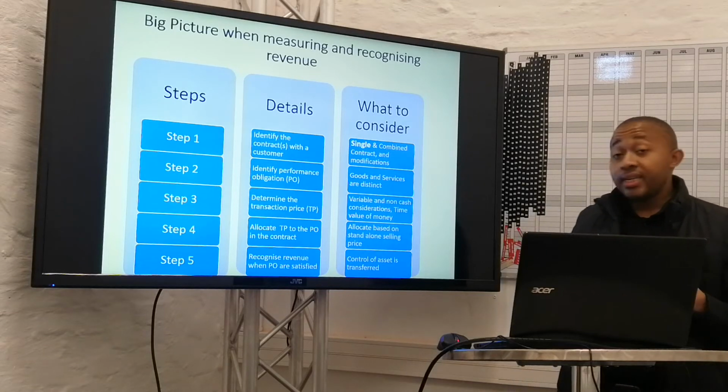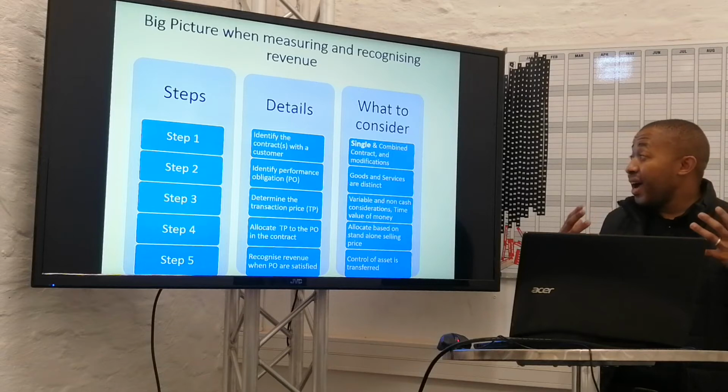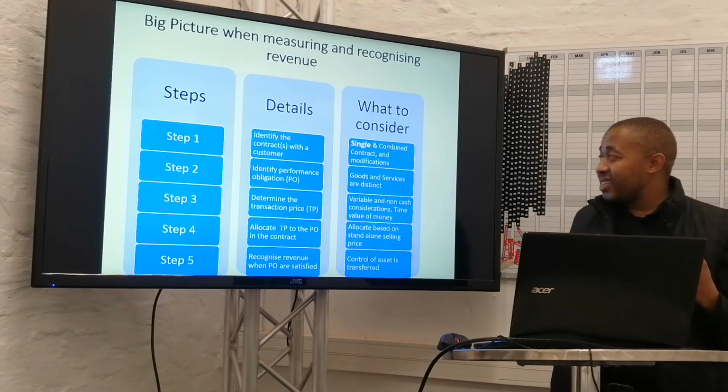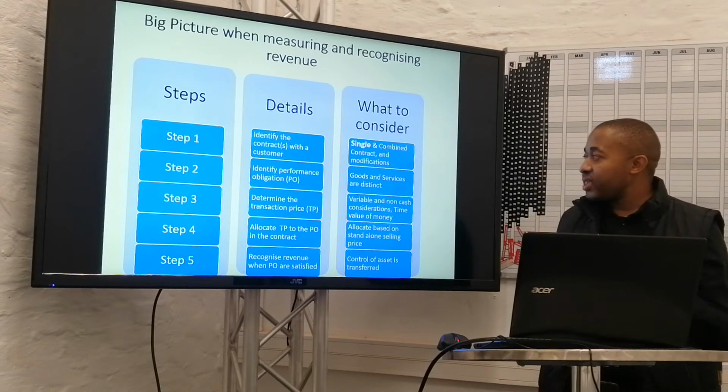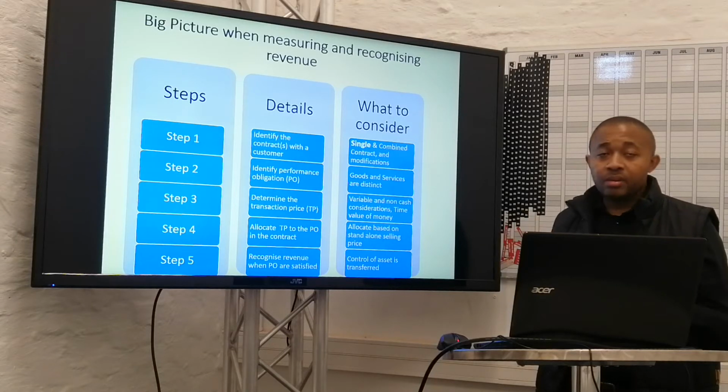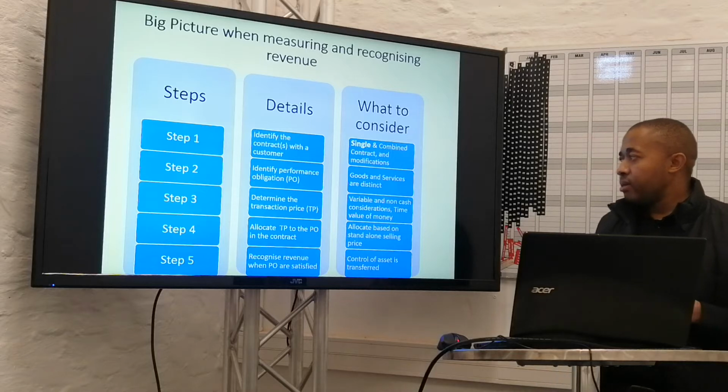Step 1 is that you have to identify the contract with the customer. So, single and combined contracts, and then there are modifications of contracts, issues that we consider.